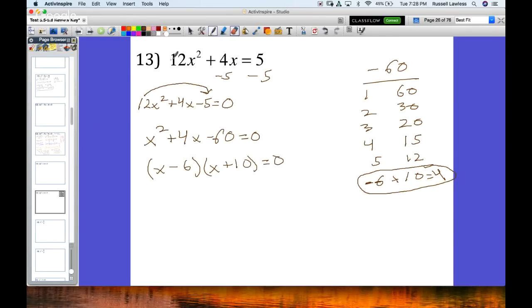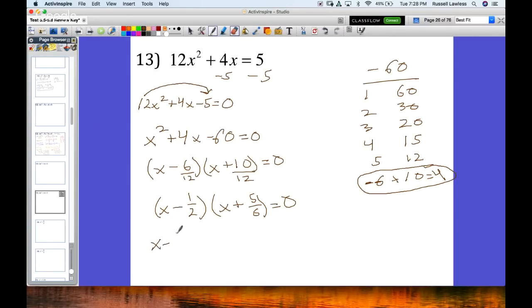After we've done that, we're going to divide, and we'll divide by the 12 because we multiplied in the beginning. Now we're dividing. Simplify, so then that's going to be x minus 6/12 simplifying to 1/2, and x plus 10/12 simplifying to 5/6. Now here's the thing. I'm not going to do the slide method. I'm going to actually just solve the puzzle.